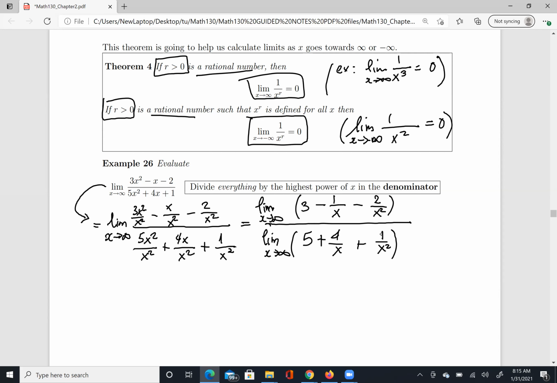So now I'm going to say here: apply the limit law with the denominator not equal to 0.